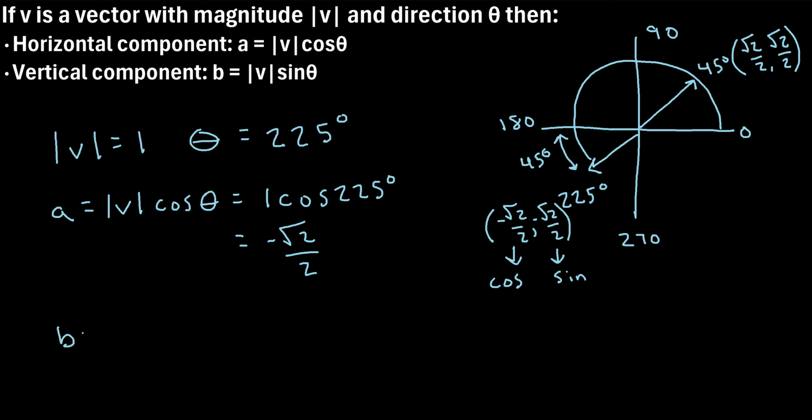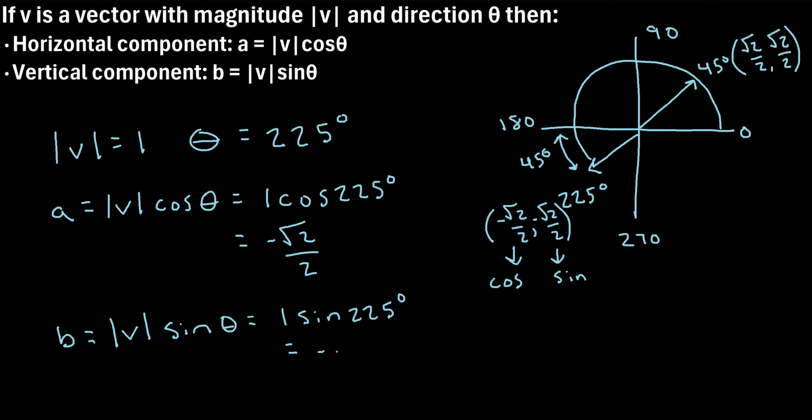Now the vertical component we said was the magnitude times the sine of theta. So once again, the magnitude is 1, so we have 1 times the sine, and theta is 225 in this example. We just found that the cosine and the sine of 225 are these coordinates. So the sine is negative root 2 over 2.